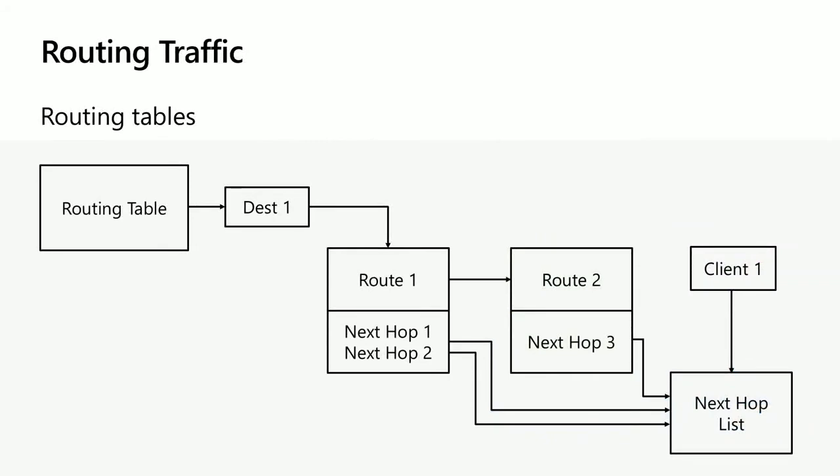When we talk about other ways of securing networks, we think about routing traffic. The routing table has various destinations, and each destination has one or more routes, and each route has zero, one, or more pointers to the next hop. Each client will register that routing table, and it creates a list of the next places it's going to go.